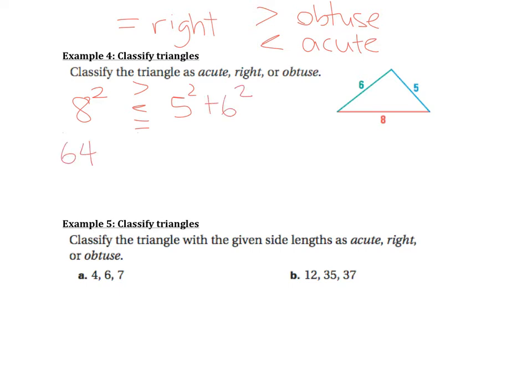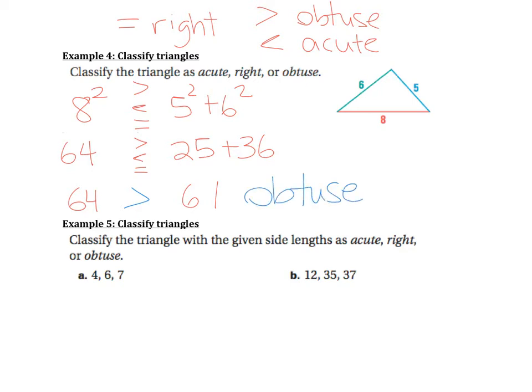So we have 64, and 25 plus 36, which added together is 61. So what symbol goes in there? The greater than. So this is obtuse.